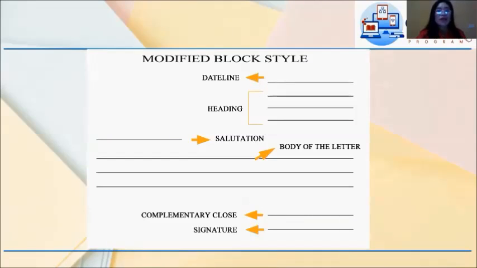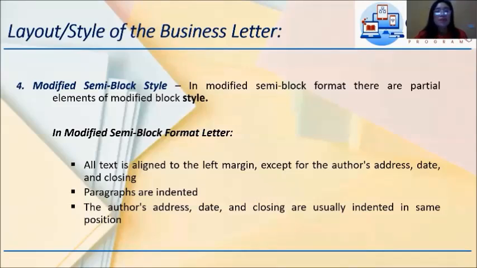Next, we have a modified semi-block style. So in modified semi-block format, there are partial elements of modified block style. So all text is aligned to the left margin except for the author's address, date, and closing. Paragraphs are indented. The author's address, date, and closing are usually indented in same position.